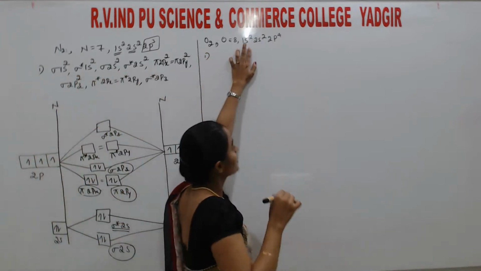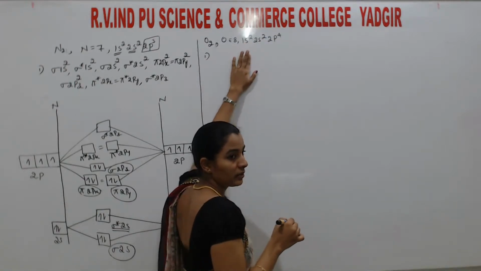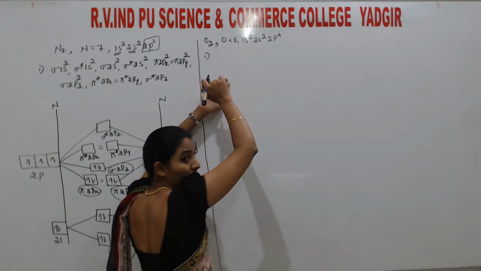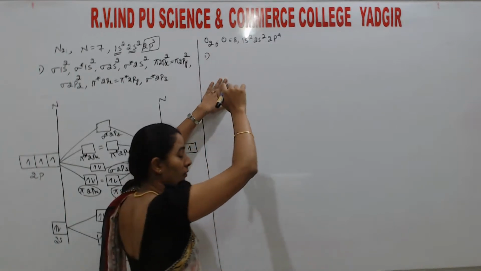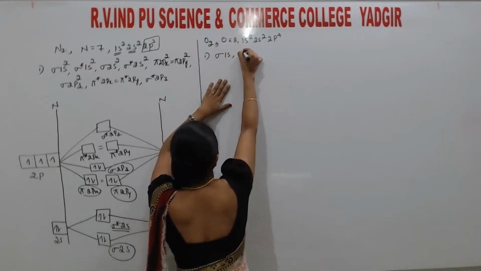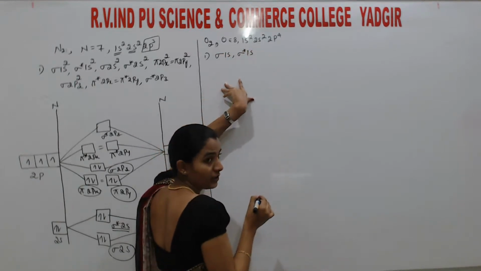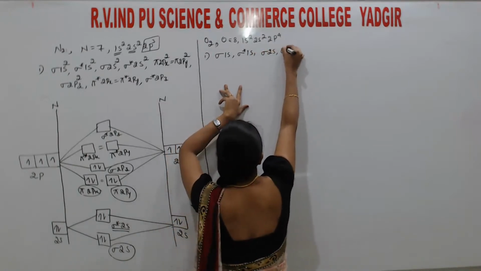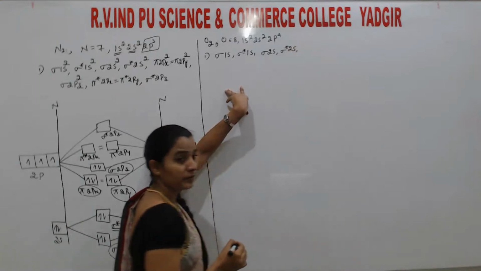How to write? If 1s orbital is there, how many molecular orbitals will form? What are they? Sigma 1s, sigma star 1s. Correct? If 2s is there, then sigma 2s, sigma star 2s.